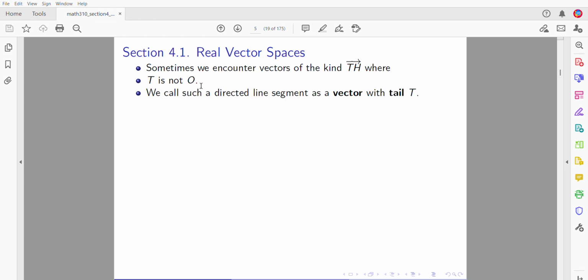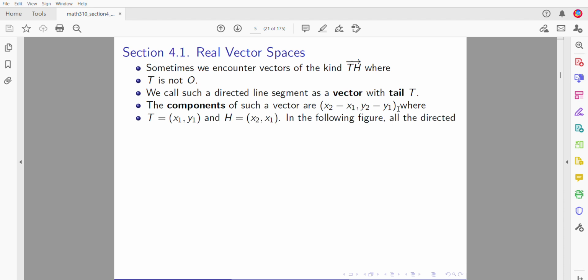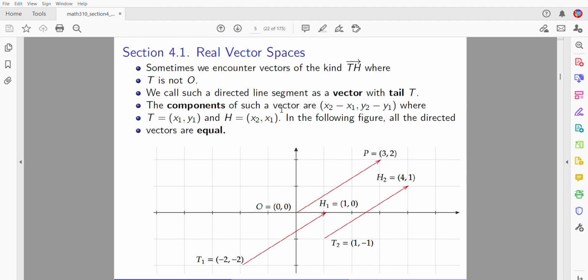We call such a directed line segment a vector with tail T. The components of such a vector are x2 minus x1, y2 minus y1, where the tail is (x1, y1) and the head is (x2, y2). What does that mean? All we are doing is head minus tail. Those are the components: head minus tail.